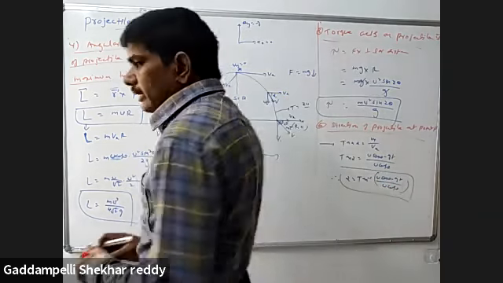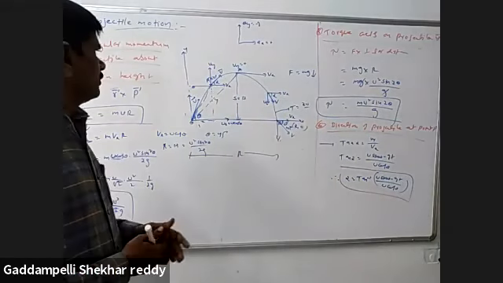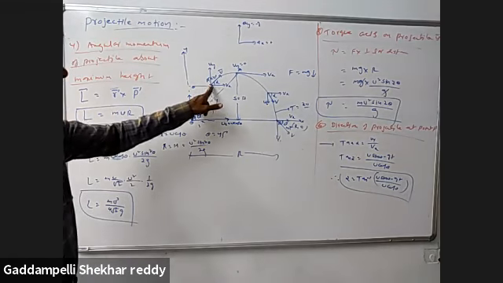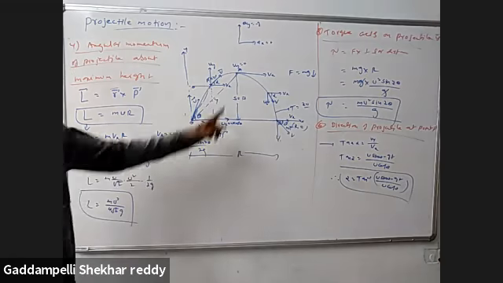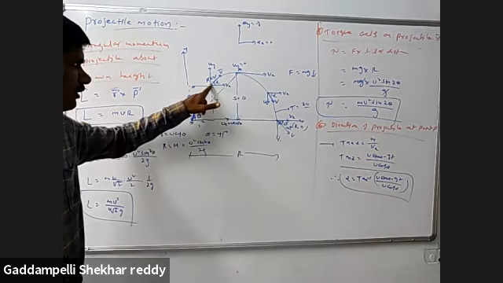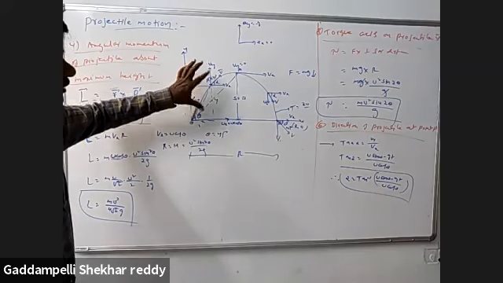So different types of motion belong to projectile motion: position vector, displacement vector, average velocity, the point of projection, the direction of the particle at this point, and the displacement vector at this point.